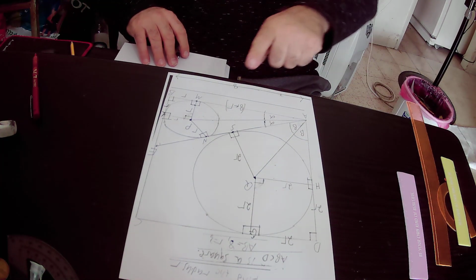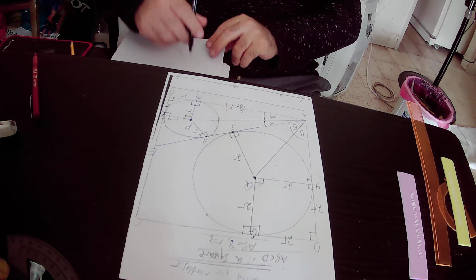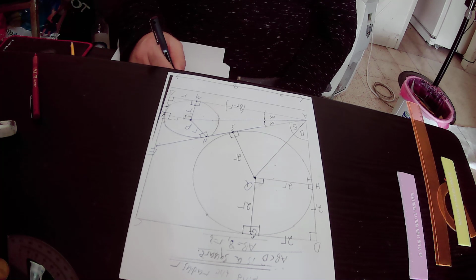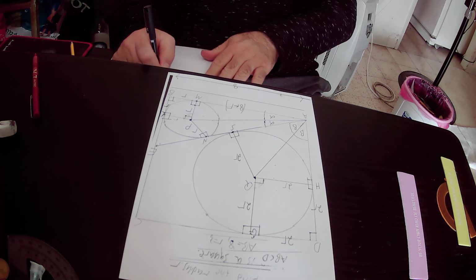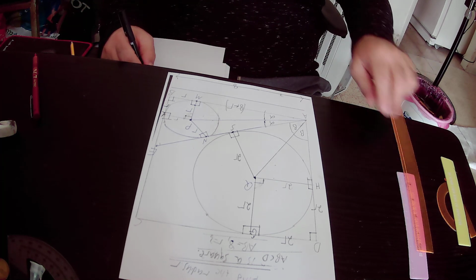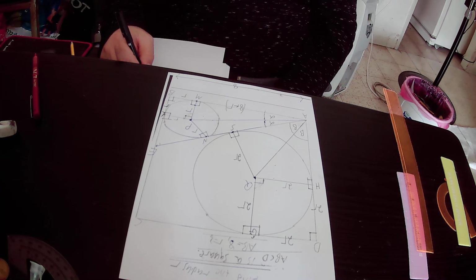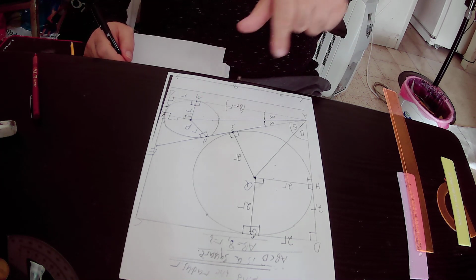So we will focus on the right triangle AMP. In the right triangle AMP, what is the value of tangent alpha? Tangent alpha is equal to PM over AM.